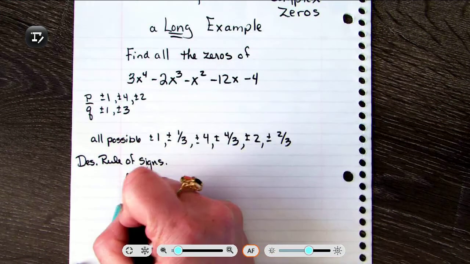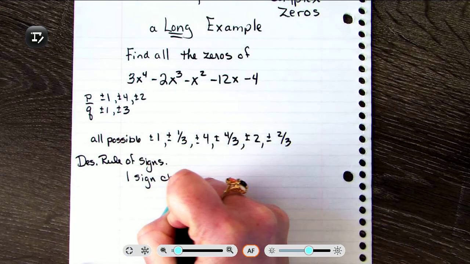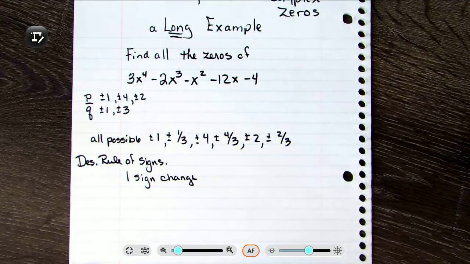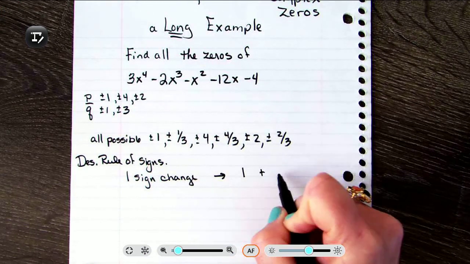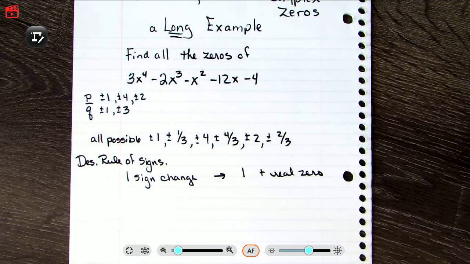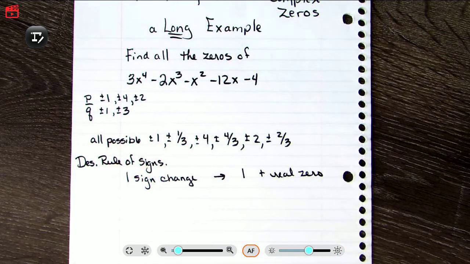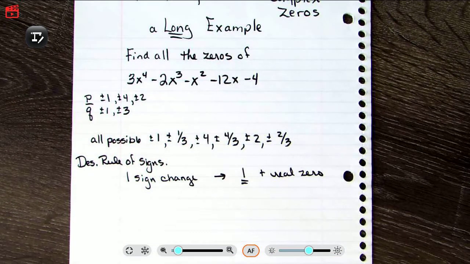So we have one sign change, which means we will have one positive real zero. Remember it would then decrease by even integers, so the next one would be a negative. Well, we can't have negative zeros, so that means we do have a positive real zero.